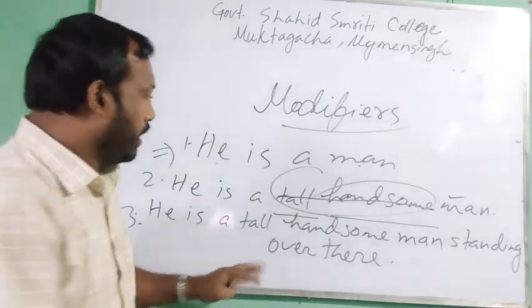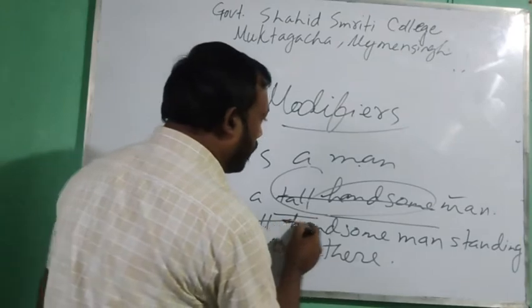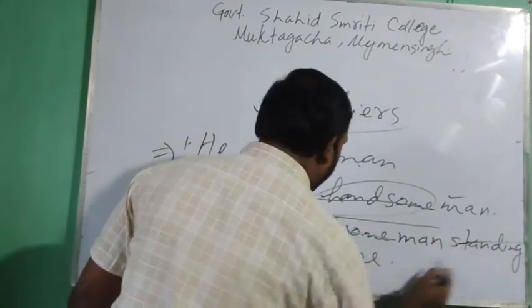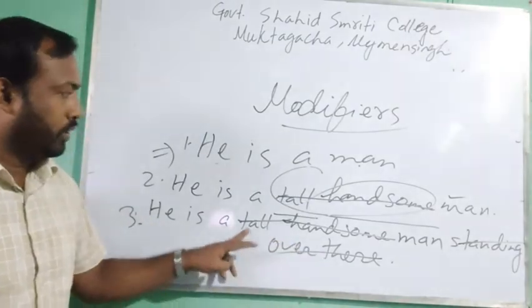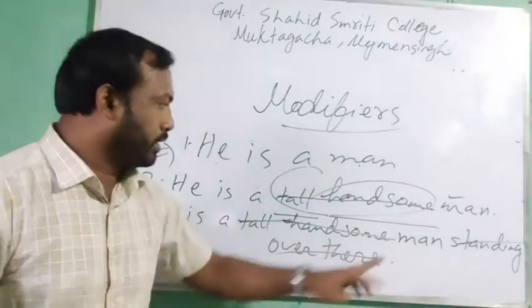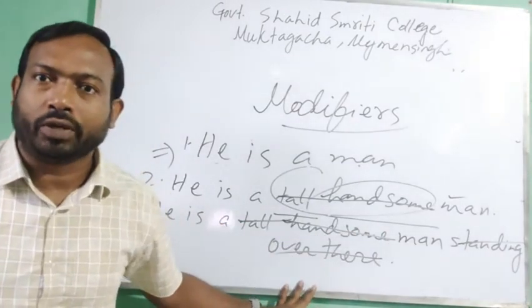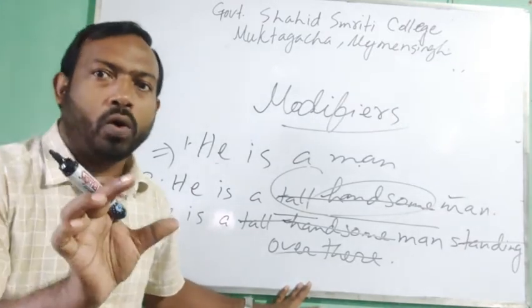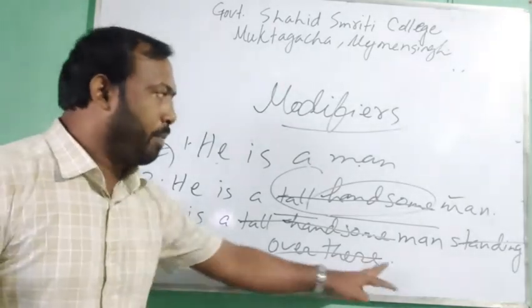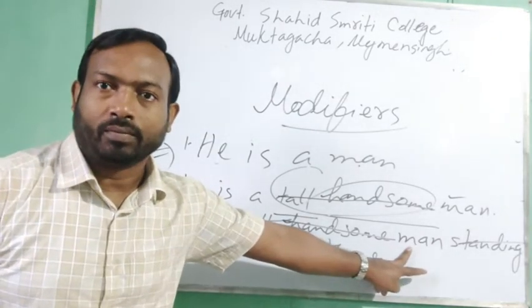Then in the third sentence, tall, handsome and standing over there, these are all modifiers, because they have been used just to give more information about the noun man.